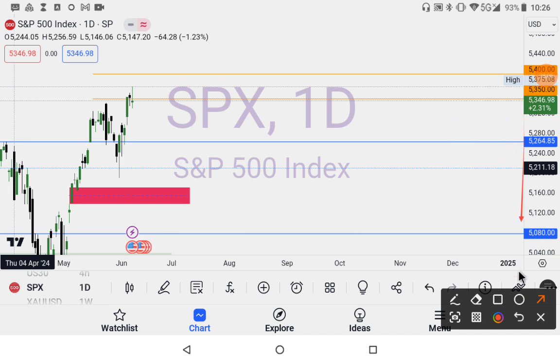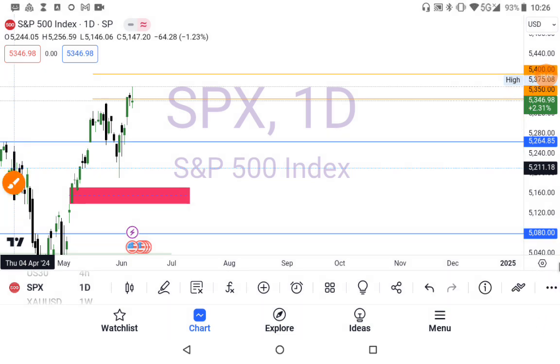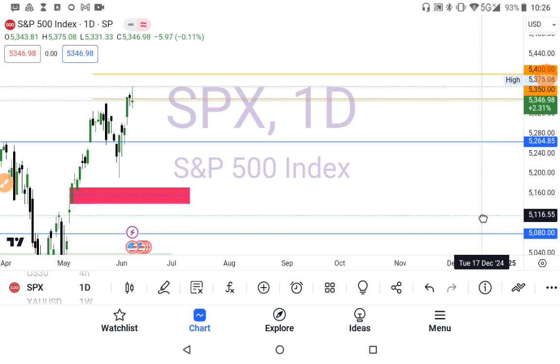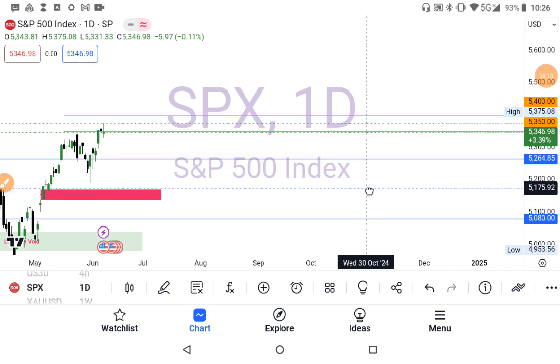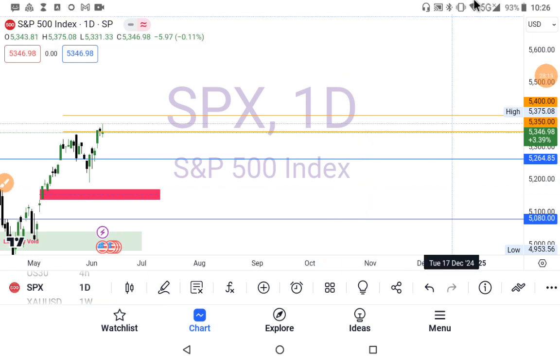Can you call that a coincidence? No. So the only level I will be interested in as a low hanging fruit is 5400 on S&P 500.